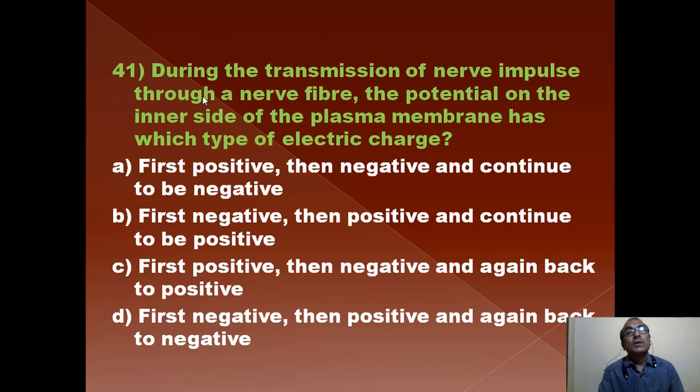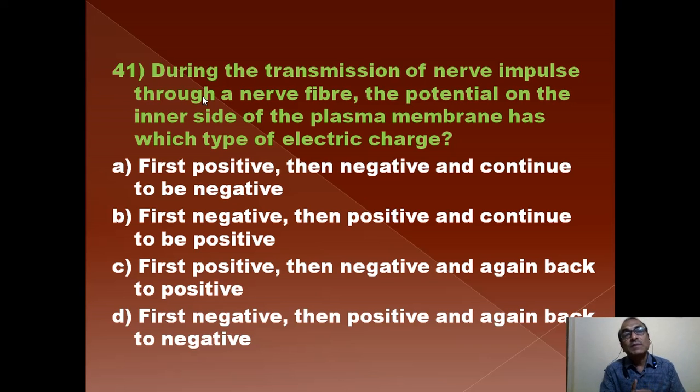Question number 41. During the transmission of nerve impulse through a nerve fiber, the potential on the inner side of the plasma membrane has which type of electric charges? Now, you have to imagine that the nerve impulse is moving along the axon. So what are the changes taking place?